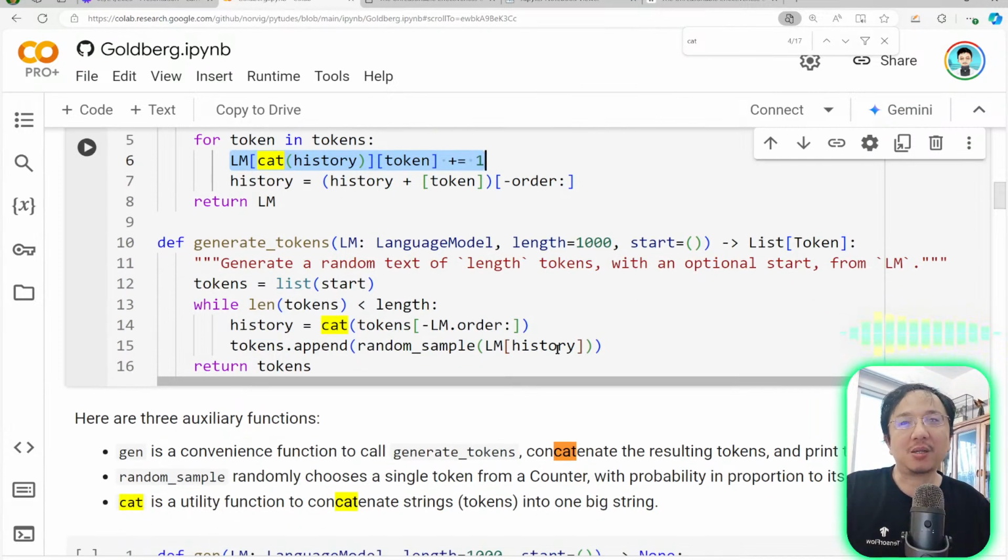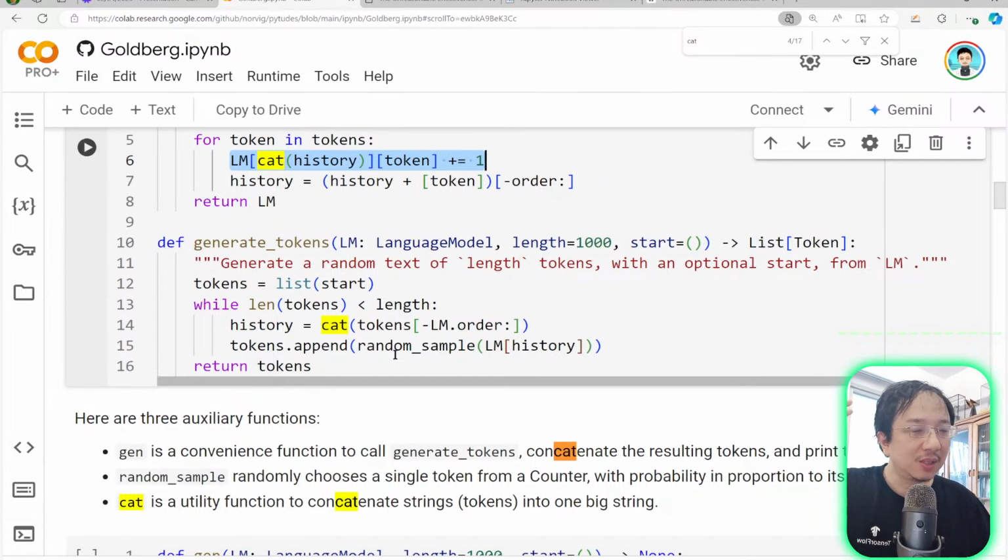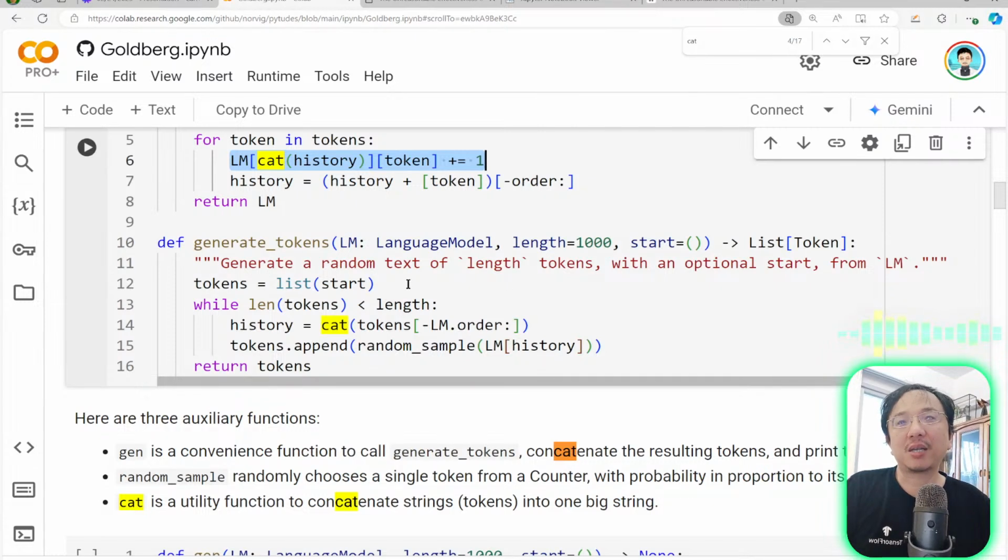I mean, we use the probability because we count the numbers. Of course, we need to normalize it by dividing by the summation of all the occurrences of the next characters, and then we can make it a probability and generate the next character.